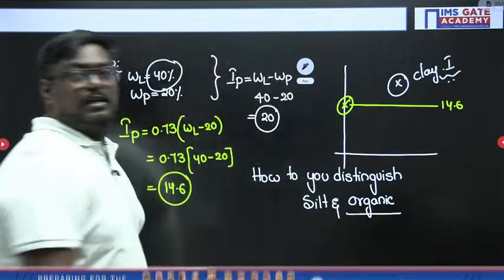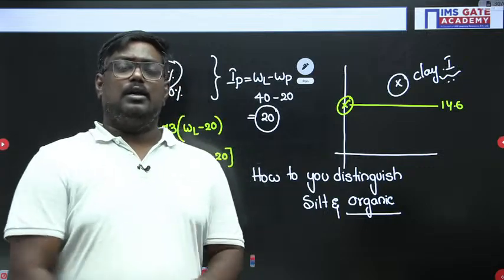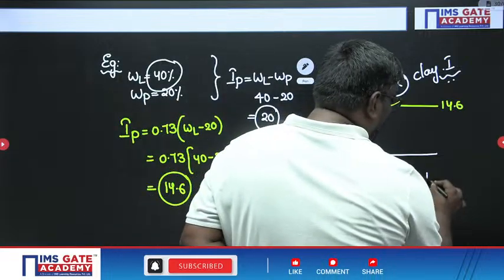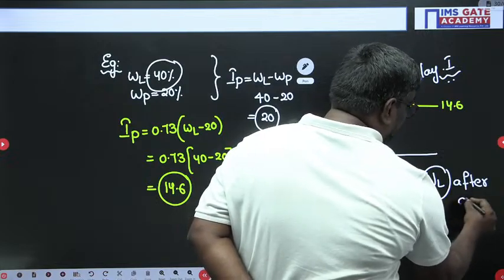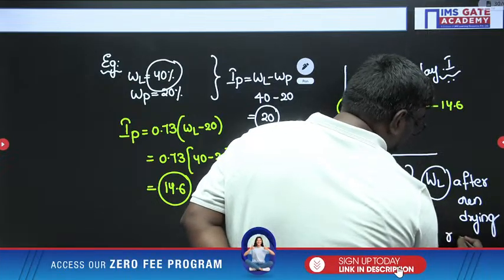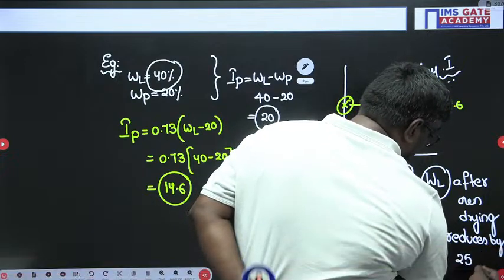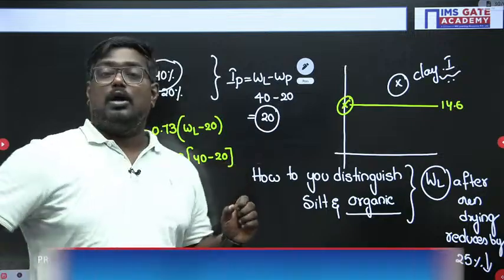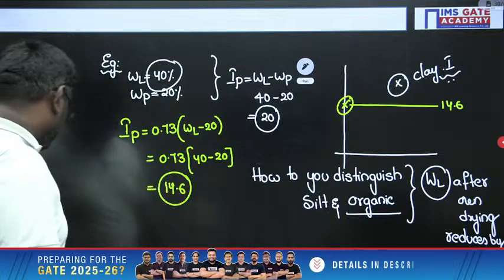First one is the color: dark gray in color, or the odor will be bad, or liquid limit after oven drying reduces by 25%. Then we call it organic soils. This is how you differentiate organic and silty soils.